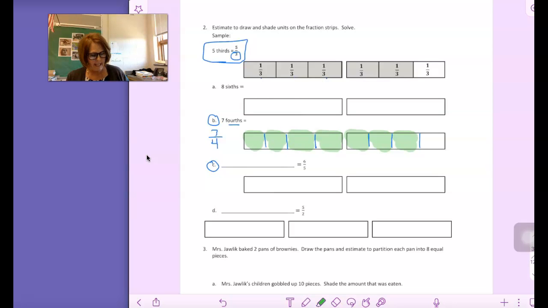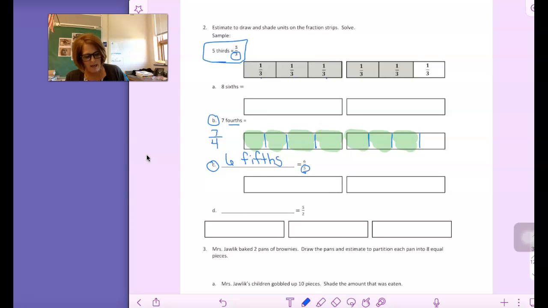Let's look at letter C. Letter C, they want us to write the word form. So when I look at that fraction, I see 6/5. And I'm going to spell it correctly. So our unit, how many equal parts we have, is the denominator. It is fifths.